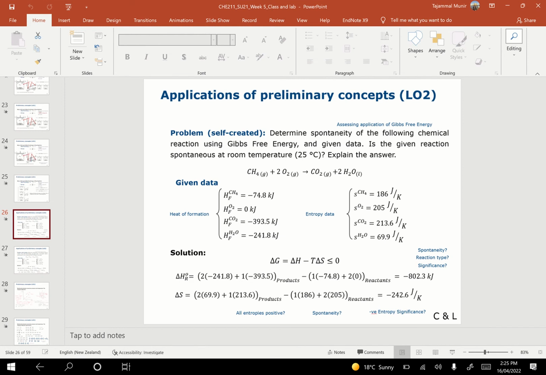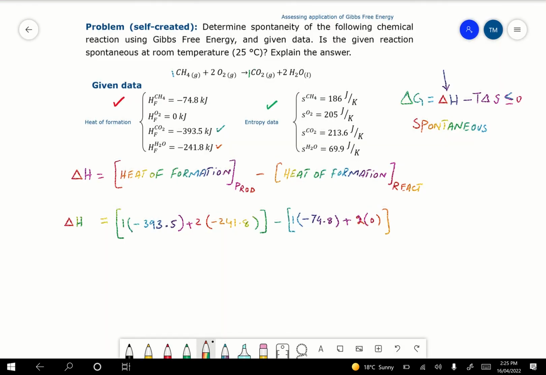So basically delta H we can calculate using this, which is minus 802 kilojoule. So the negative delta H means the heat is being released as a result of this reaction.